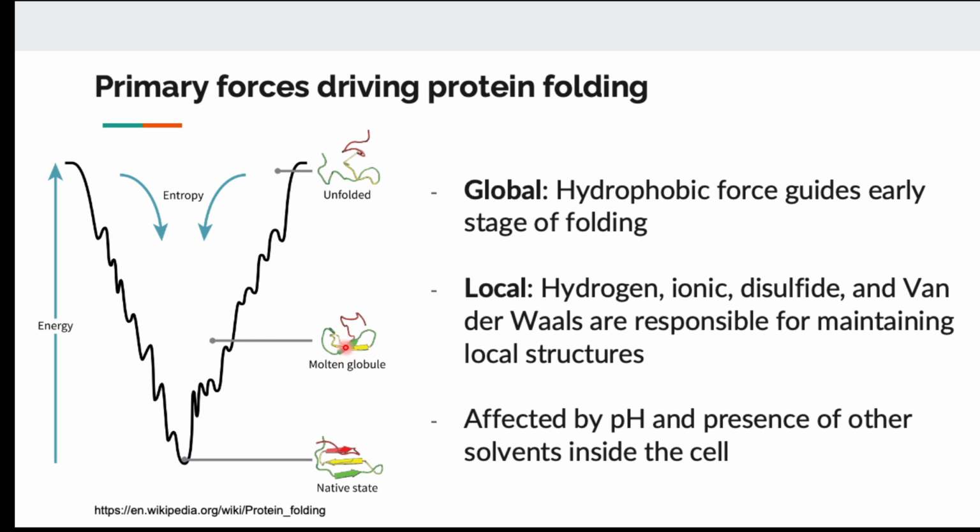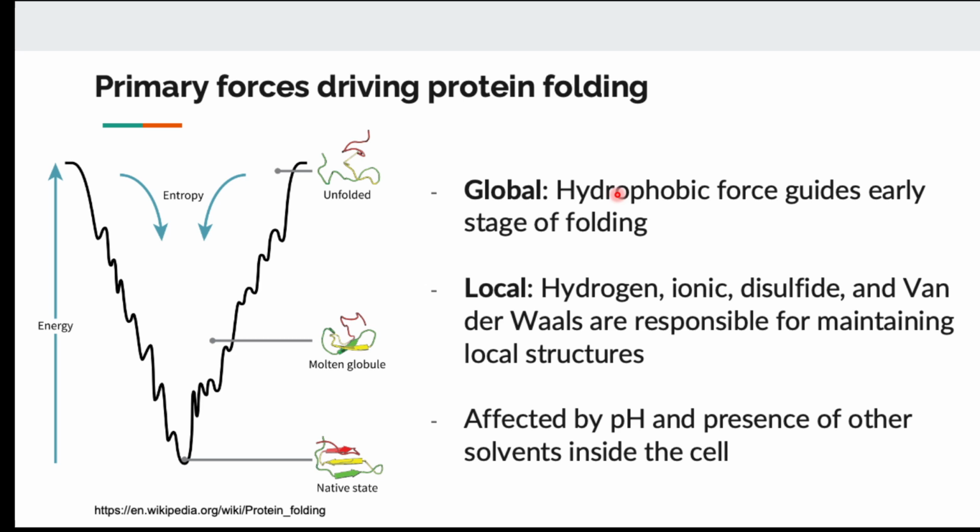But once the big picture of the protein falls into place, the forces that lock the protein in place are the ones that you learn from physics class, like hydrogen bond, ionic bond, disulfide bond, and van der Waals bond. These operate on a very short distance.